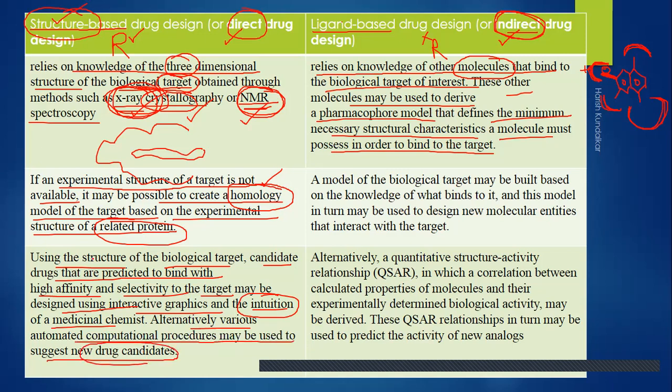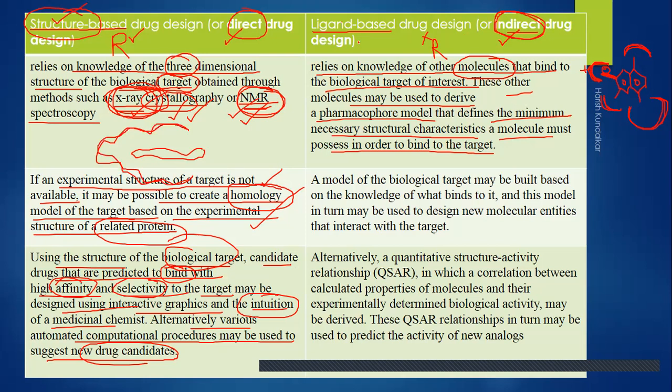So here we are using the structure of the biological target, obtained either via X-ray crystallography, NMR solution state structures, or maybe homology model structures. Then we try to design molecules which will bind with high affinity and high selectivity to this particular structure of the receptor. So that is structure-based drug design.